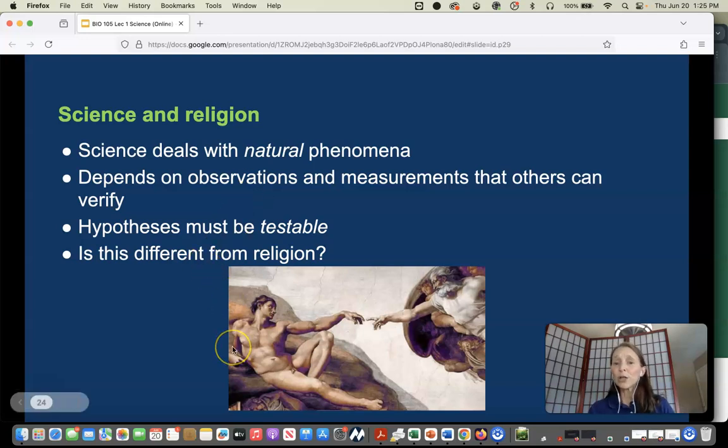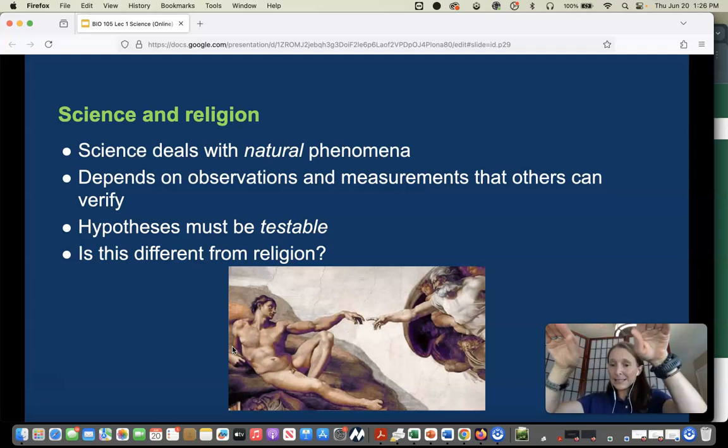So, for example, you may have had a religious experience and you feel for yourself that it is fact. However, it's just not testable. It's outside the limitations of science. In science, we're not saying that religion is not true, or that one religion is true and one isn't, because it's outside the limitations of science.